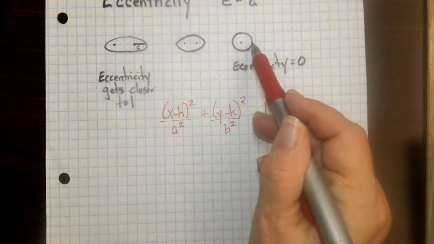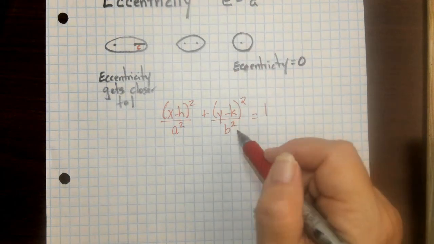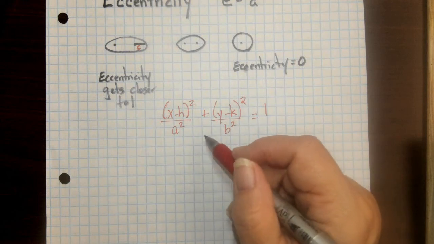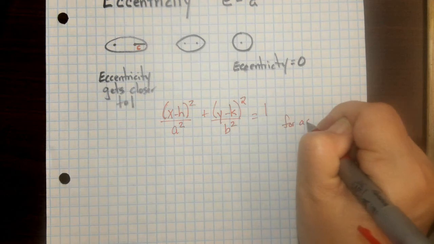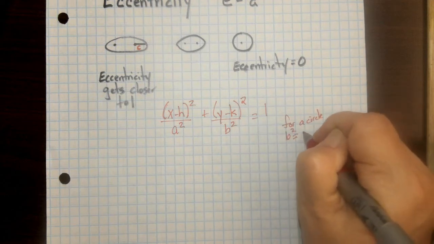But if I get to the point where that focal point is right in there, then b squared is actually the same as a squared, right? So for a circle, b squared equals a squared.